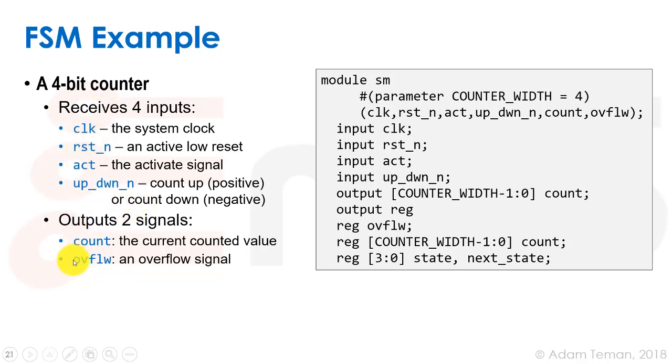So just taking that as our interface, we will define our header. We call the module SM for state machine. Okay, and we have our port list: clock, reset_n, act, up_down_n, count, and overflow. We also added this other thing. Look, this is not a delay. It's a parameter declaration.